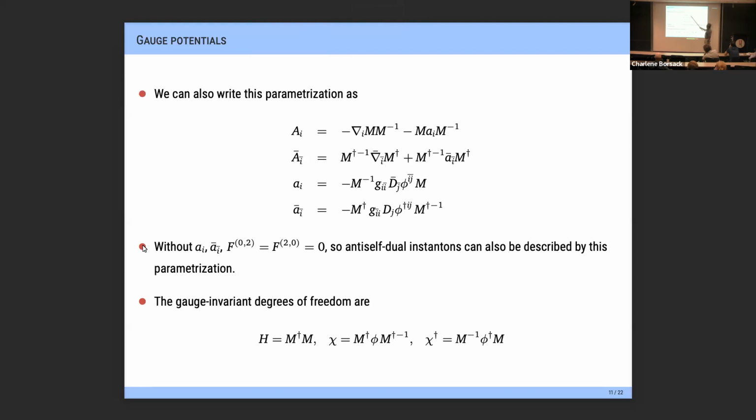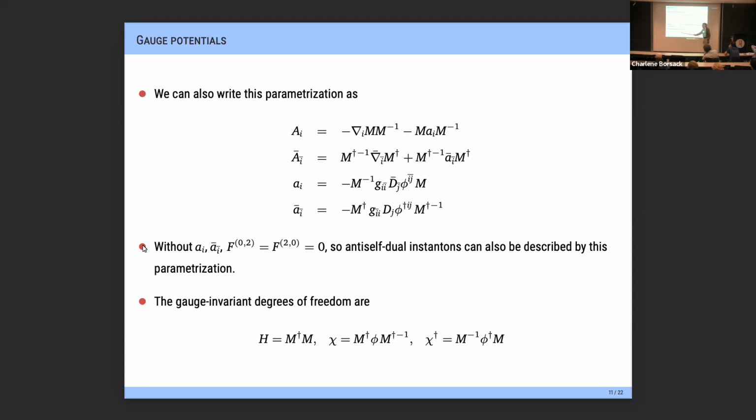But notice also that if I drop this A and A bar, then these are just gradients, and therefore the (0,2) and (2,0) components of the field strength tensor for the curvature would be 0. So in fact, this parameterization can be used for anti-self-dual instantons, and it has been used in that context as well.